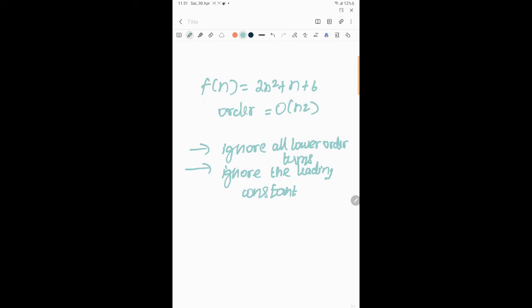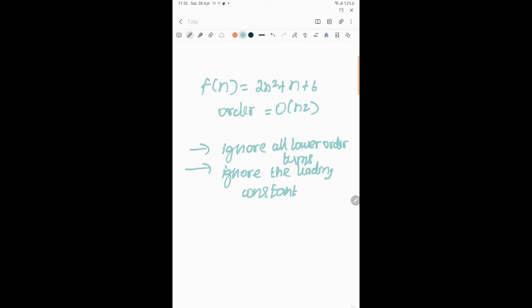Let us take an example, 2n square plus n plus 6. We say that the order of the program is O of n square. We ignore all the lower order terms like n and the constant 6, all linear and constant terms. When the highest order term is quadratic, we also remove its leading constant, like the 2 in 2n square, and finally what remains is the order of growth of the program.